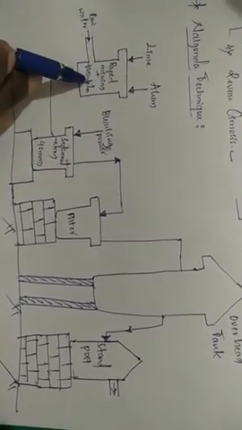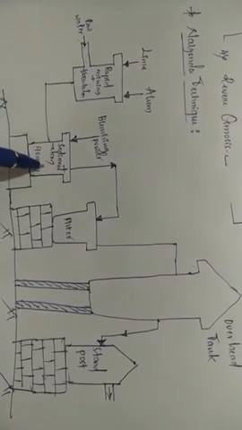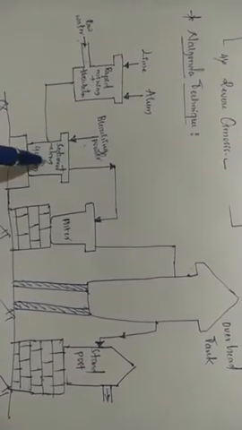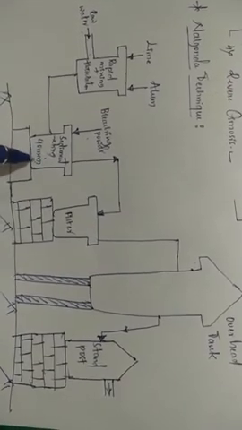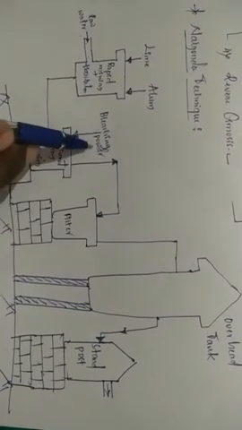Lime, alum and raw water are rapidly mixed, and that mixture is sent to the sedimentation tank. In the sedimentation tank, bleaching powder is added, and we maintain a detention period of 40 minutes.